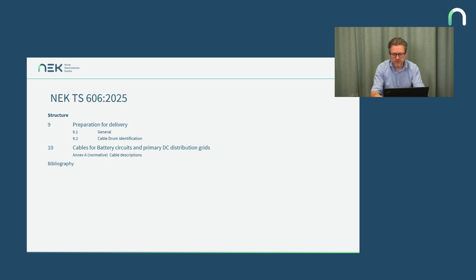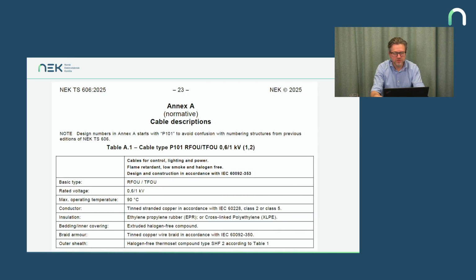So finally, I've just added one slide to show you what is referred to as a cable card, but this is one type of cable. And this standard consists of 48 cards now. So this particular card here is an RF-OU, TF-OU, 1.2 kilovolt cable.